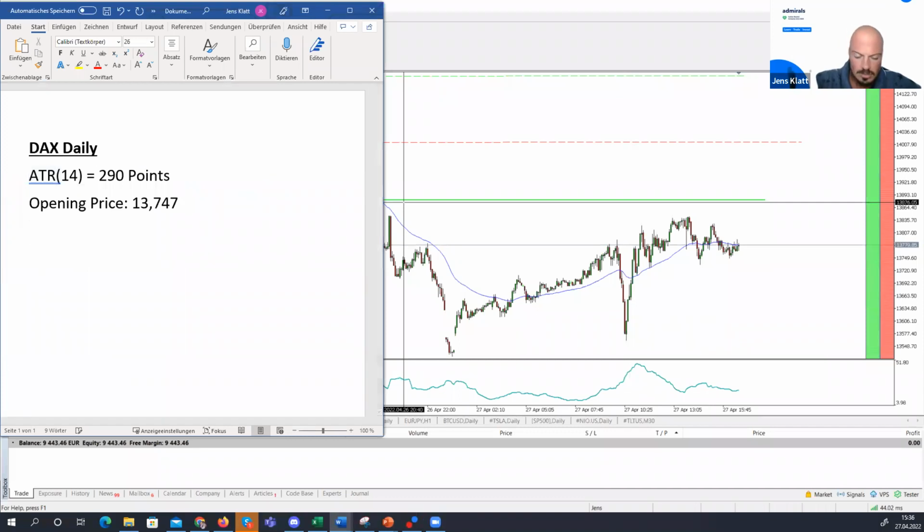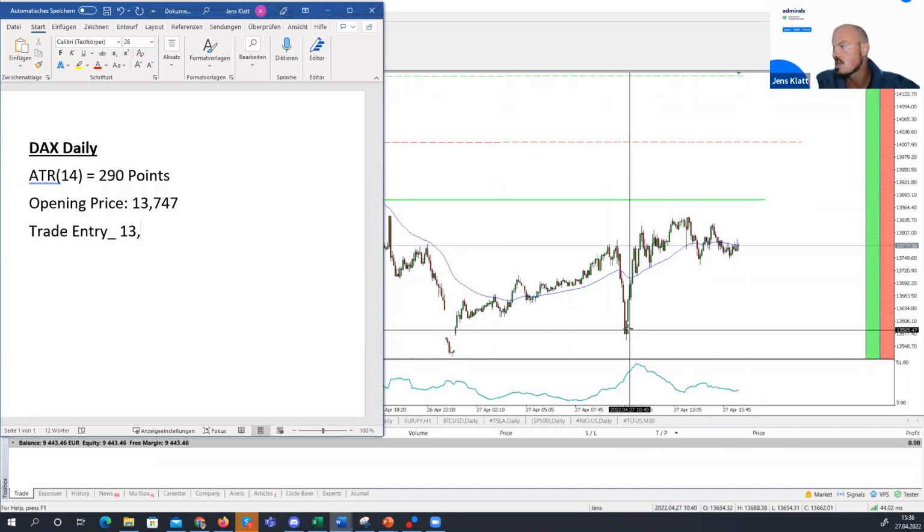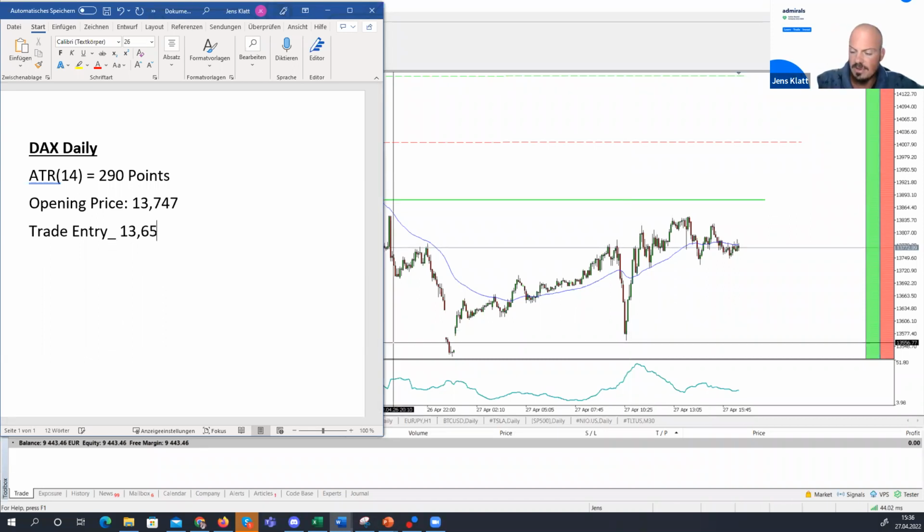So trade entry in this case is 13,654. This is where you enter the trade.